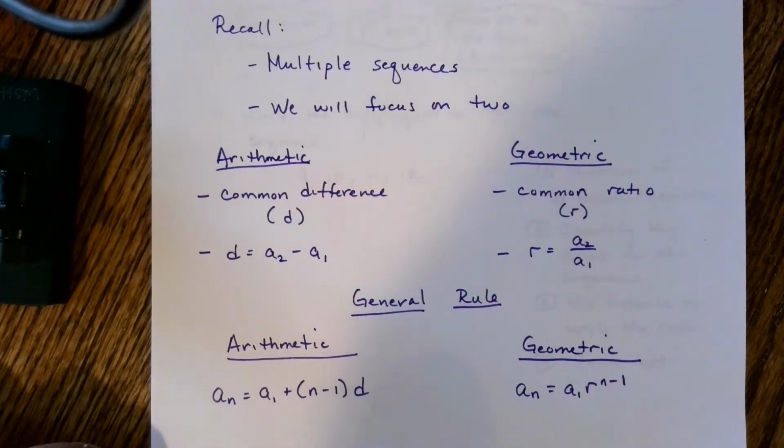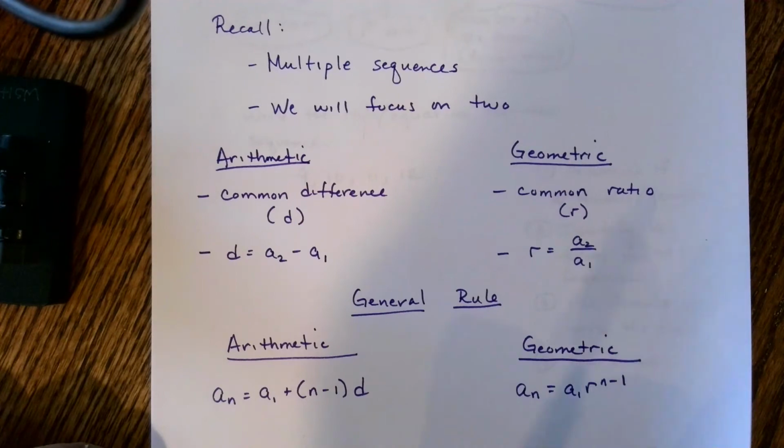If it is an arithmetic sequence, you can use the formula a sub n, which represents any term in the sequence, where n is the number of the term, is equal to the first term, a sub 1, plus n minus 1 times d. If it's a geometric sequence, then a sub n is equal to the first term times the common ratio raised to the n minus 1 power.